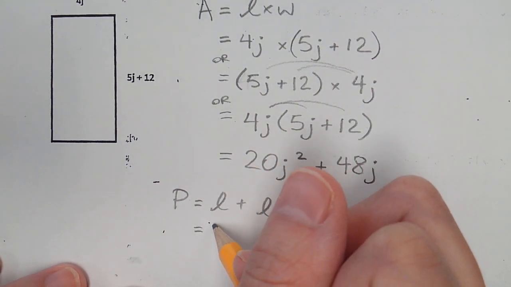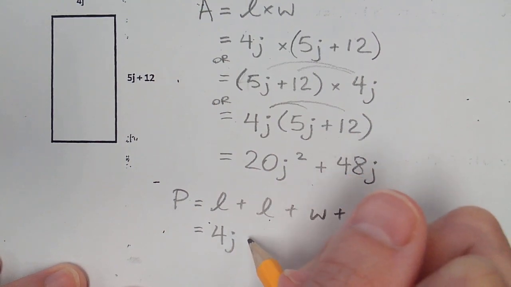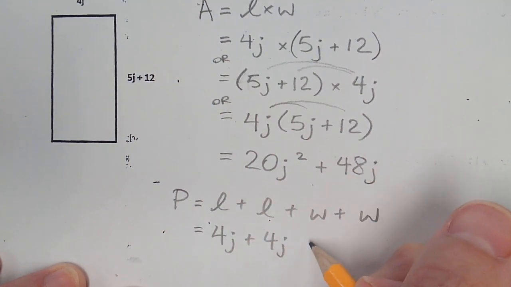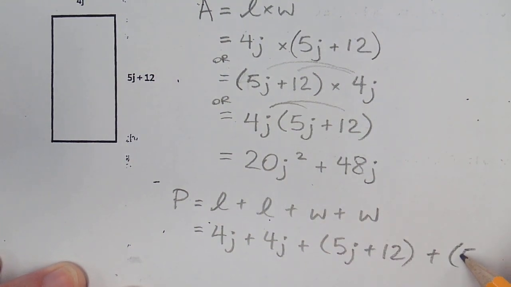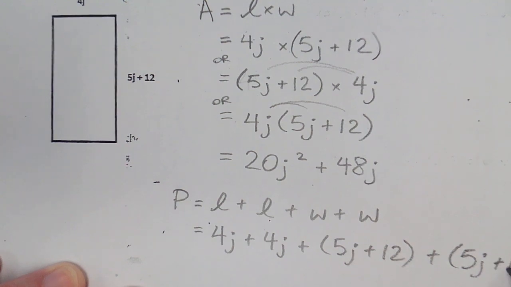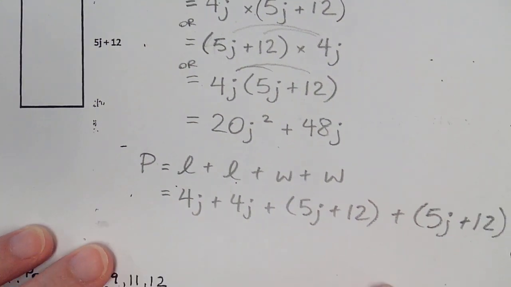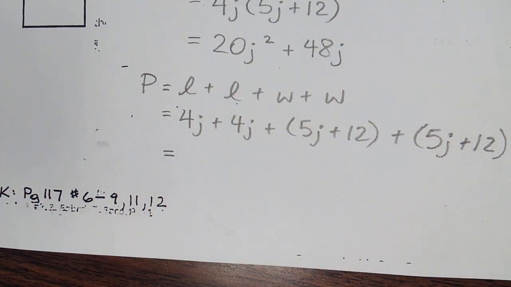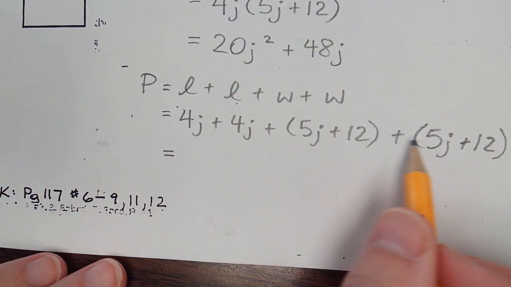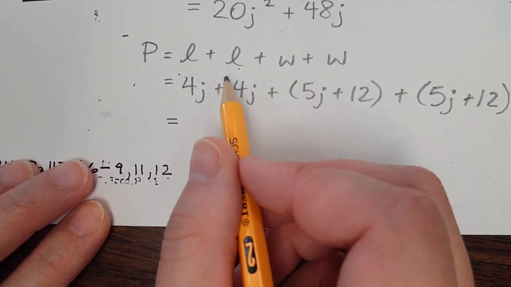So 4j plus 4j plus 5j plus 12 plus 5j plus 12. Doesn't matter which one you call length, which one you call width. And what does this simplify to? We learned this yesterday.